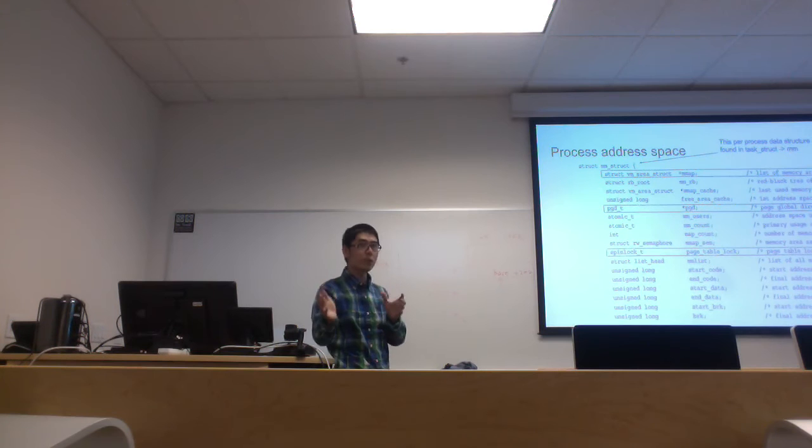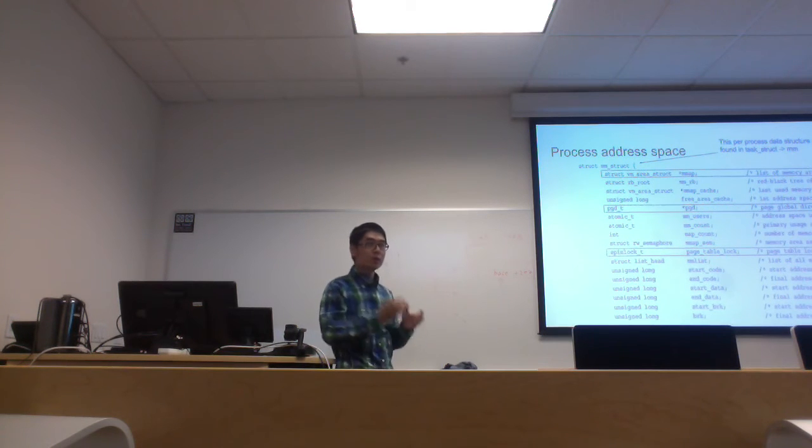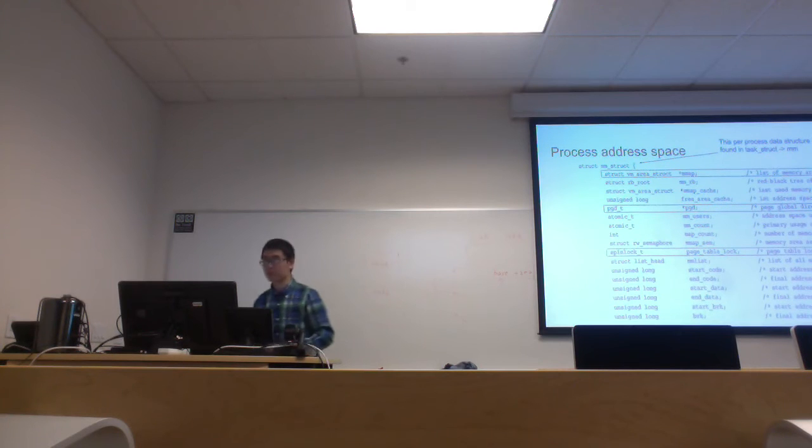When you're switching from one process to another process, you change the content of this register. On x86, it's the CR3 register. On ARM, it's the TTBR0 and TTBR1 registers. We will see it later. So this is a pointer to all the page tables, or if you use multiple levels of page tables, it points to the top level one.